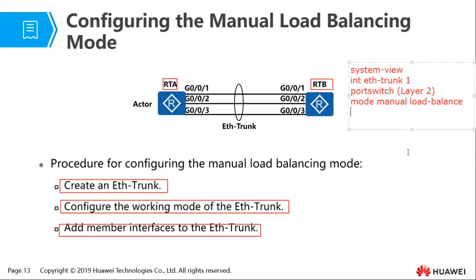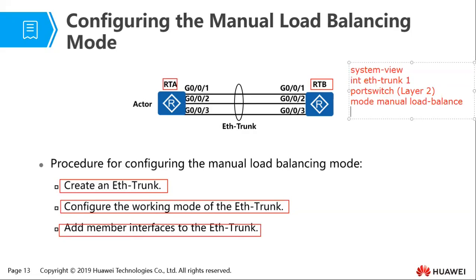Okay, then how to add member links, member interfaces? You can do that in one of two ways. You can add it in the Ethernet trunk view. Right now we are in the Ethernet trunk.